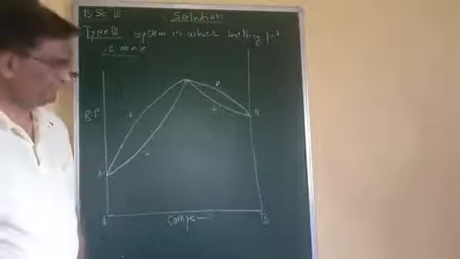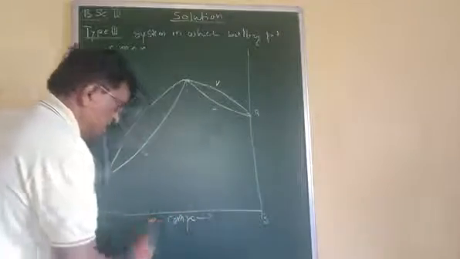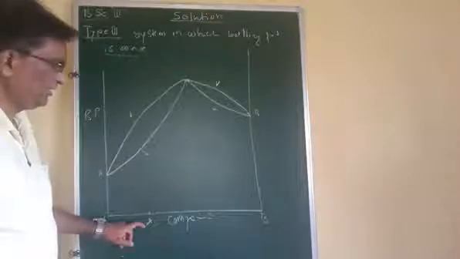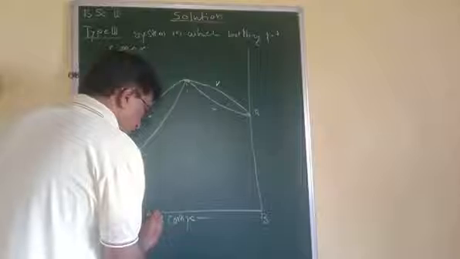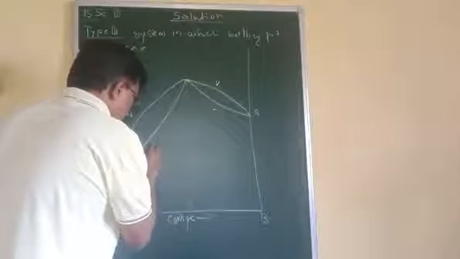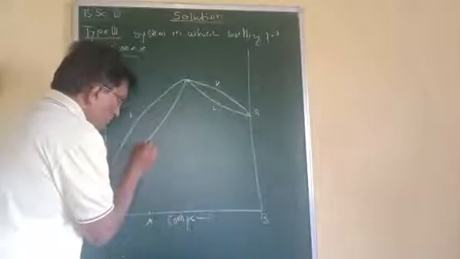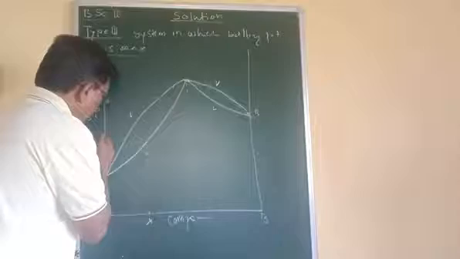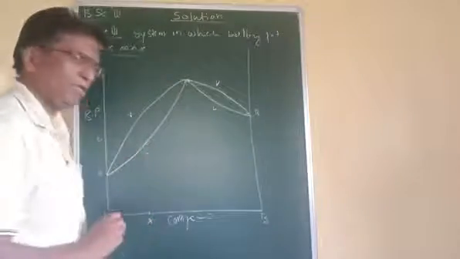Now if you consider any composition on this side, suppose X, and if we take this composition in a distillation flask and heat it, the temperature increases, and at a particular temperature, suppose T1, this liquid mixture starts boiling.